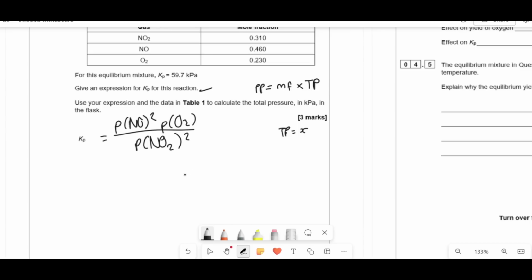So here, the Kp, which they've told us is 59.7, is going to equal the partial pressure of NO, which remember is mole fraction times total pressure, which I've called X. So it's 0.460 times X, the total pressure, all squared, times the O2, which is 0.230 X, all divided by this NO2, which is 0.310 X, all squared.